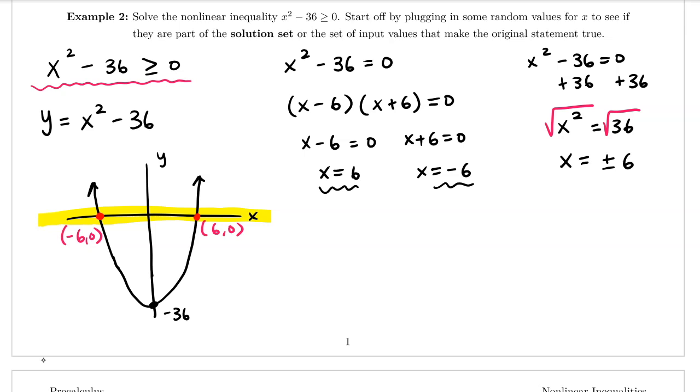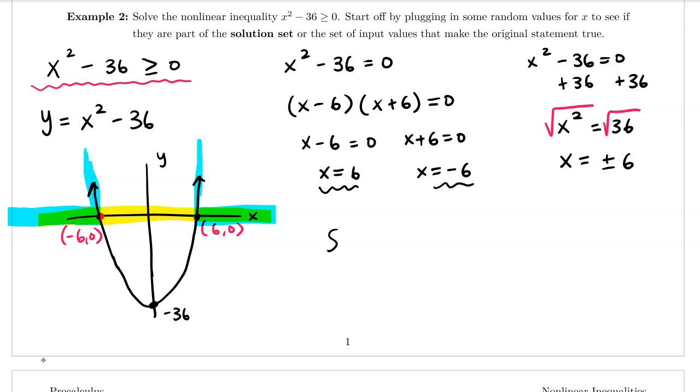We saw earlier when we were testing out values that 0 and 2 is not in our solution set. So we want values other than 0 and 2. And from our graph, hopefully you can see that our parabola is above the x-axis here and here. And so it's going to be everything before negative 6 and then everything after positive 6.